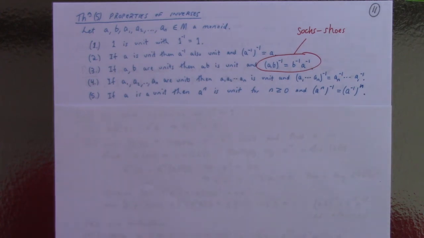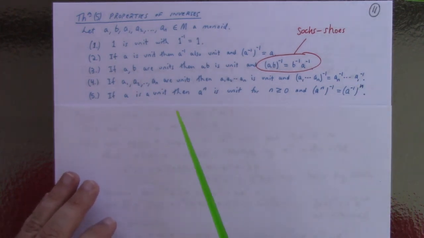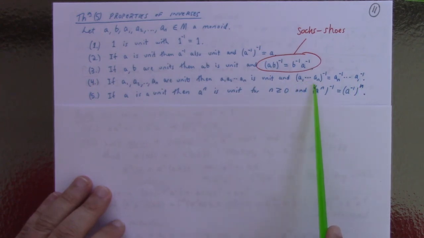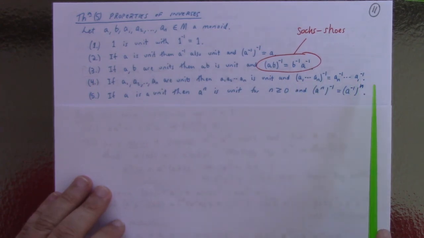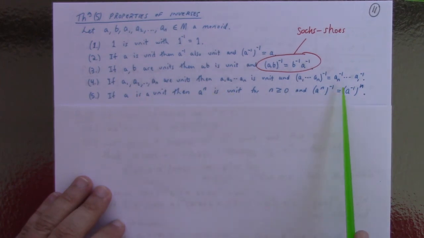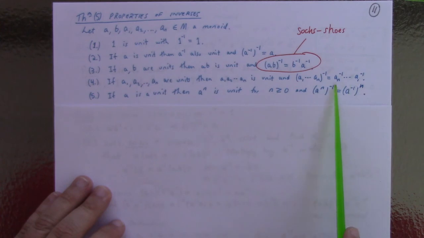At least for physical feet and physical shoes and socks that I'm aware of. And then of course we have the n-fold version of the socks-shoes rule, and also the fact that the inverse of a to the n is the inverse of a, to the n. Sorry about that, English is what it is, but there it is.